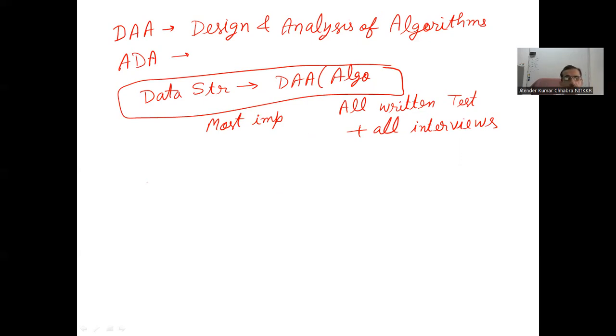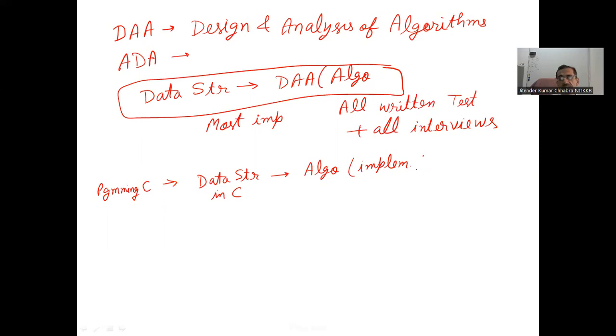Your programming in C or C++, whatever you have done, that knowledge of programming in C will be useful. Plus, you have already done data structures, and that also in C. And now we are going to do the algorithms implementation in C. Mostly we are going to target that, and that is going to be the overall focus of this subject.